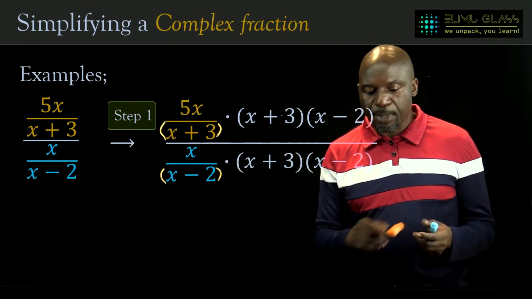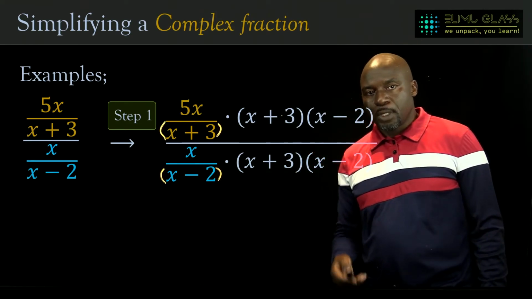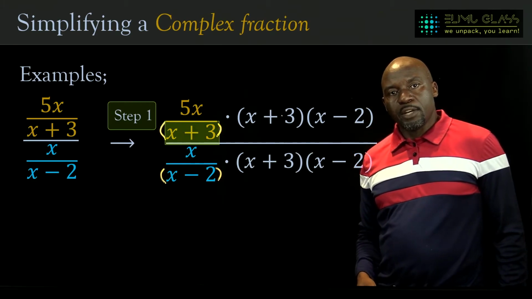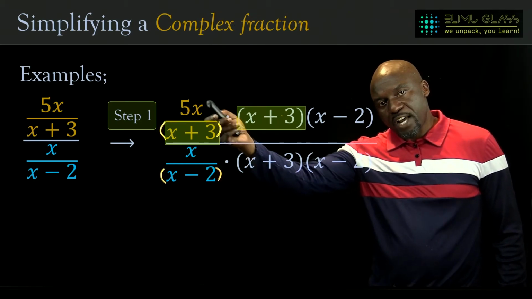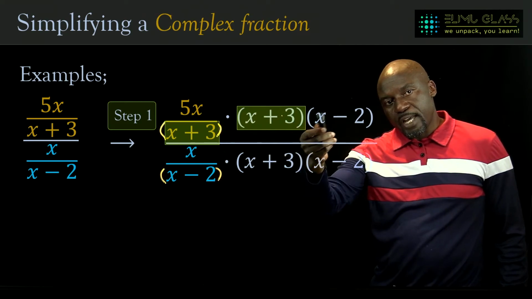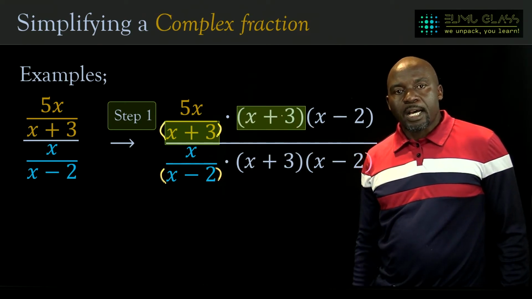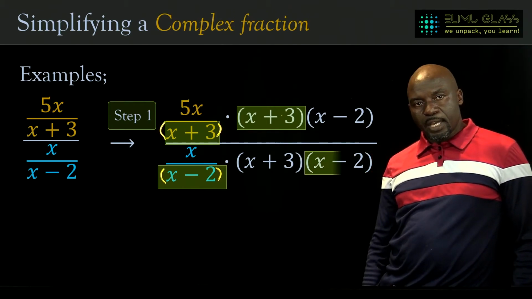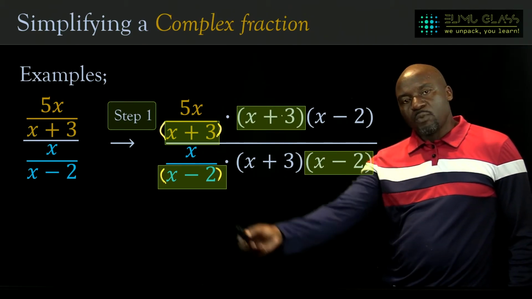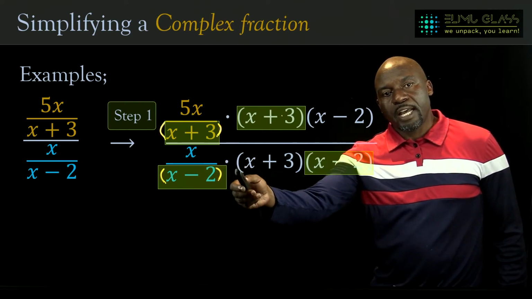And that was the whole purpose of doing that. So x plus 3 in the numerator cancels with x plus 3 there from the LCM. And we are left with 5x into x minus 2. And in the denominator, x minus 2 and x minus 2 there will also cancel. And we are left with x into x plus 3.